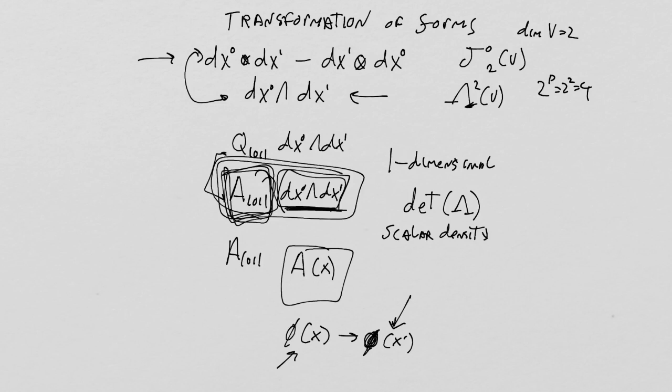The value should never change because it's a scalar function. In this case, the value does in fact change if you change the coordinates, and it changes by a factor of the determinant of this linear transformation matrix, the covariant linear transformation matrix.